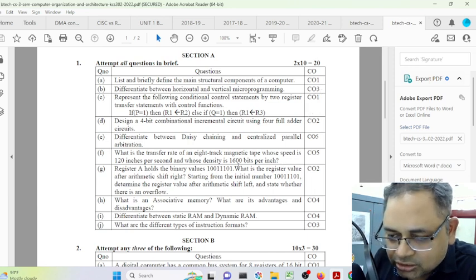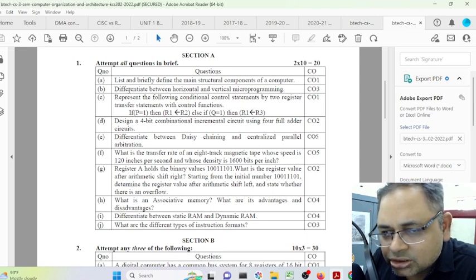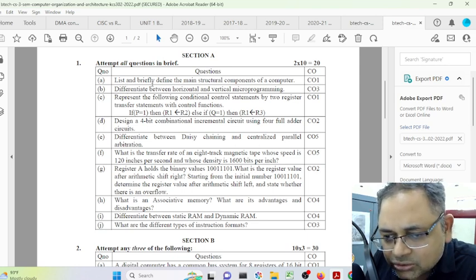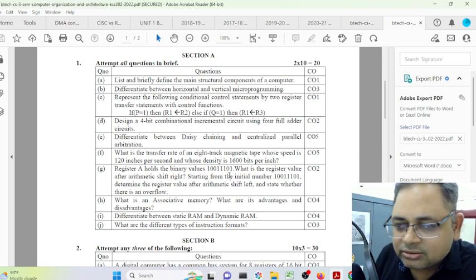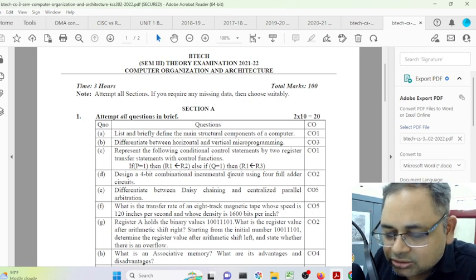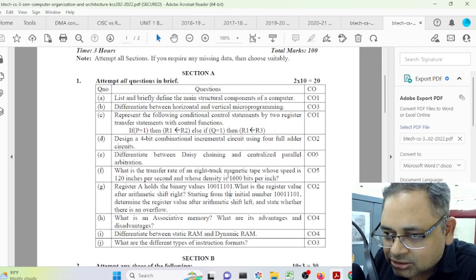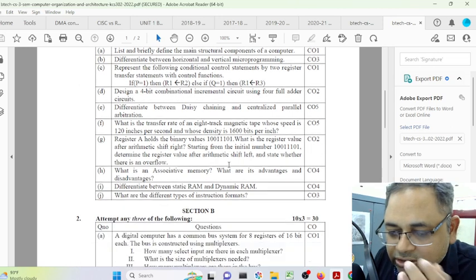So if I compare, in question number 1, the 2 marks questions, they have asked 3 numericals. They asked 3 numericals in Ikis, and Ikis was a special paper in which lots of numericals were asked.